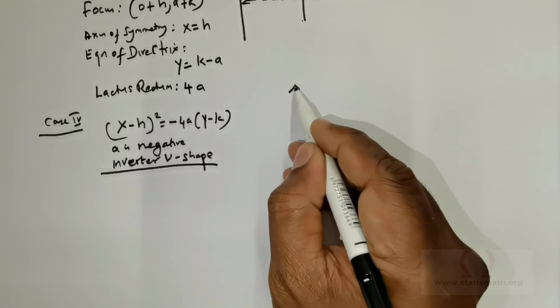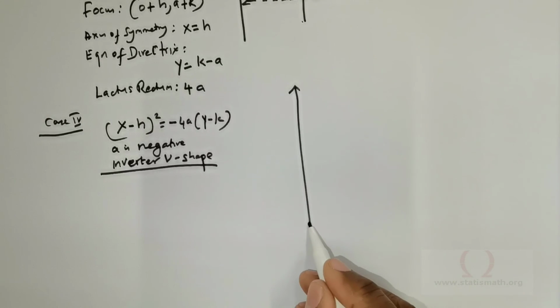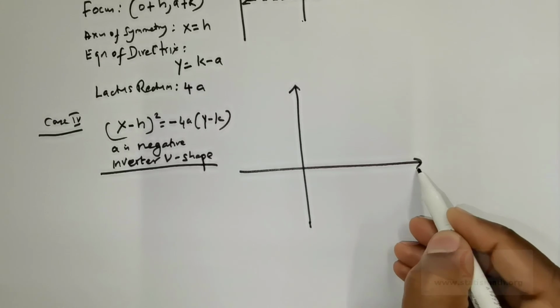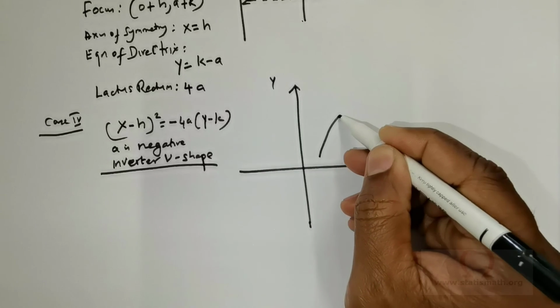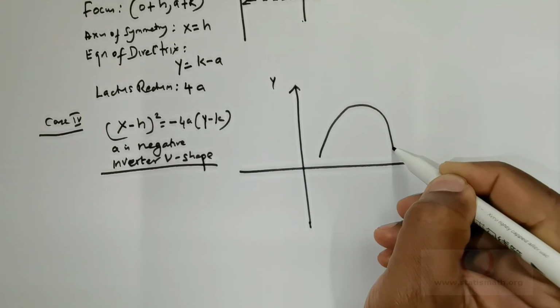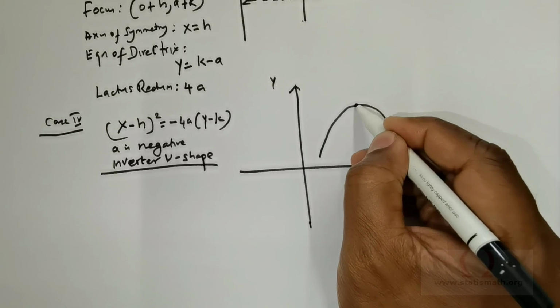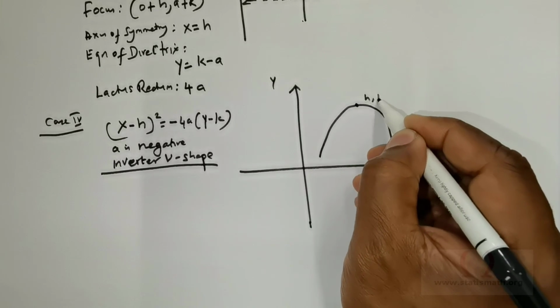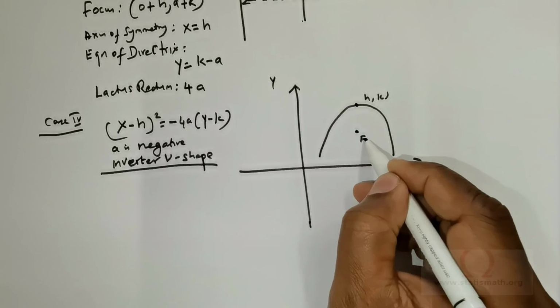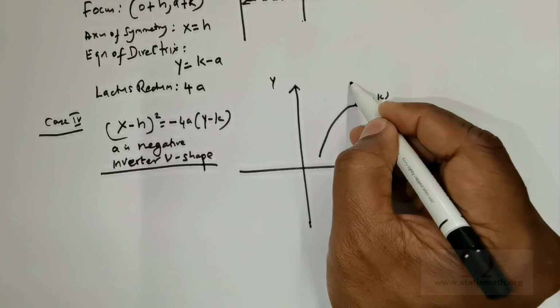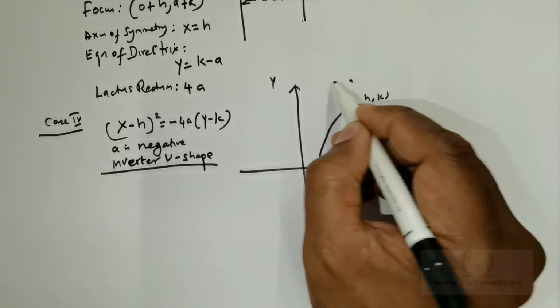So if you were to draw the parabola, it would be something like this. Okay, so the vertex would be over here, (h, k), the focus. This will be the focus, and the directrix would be over here. So this will be the directrix.